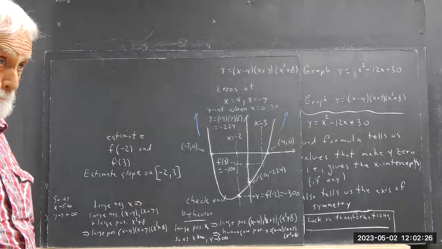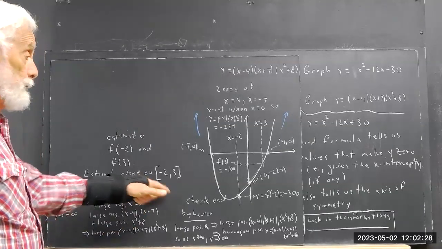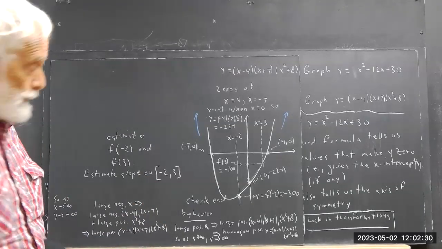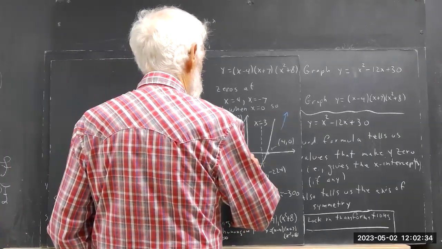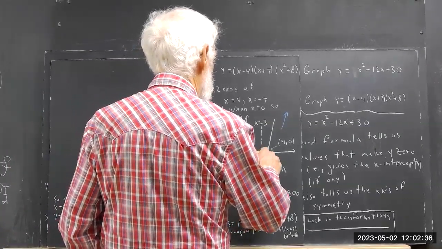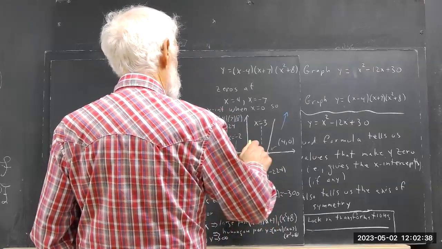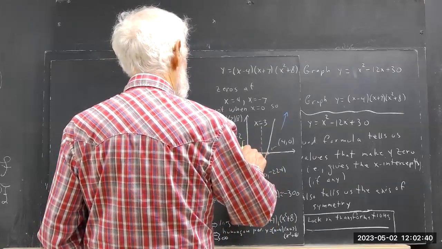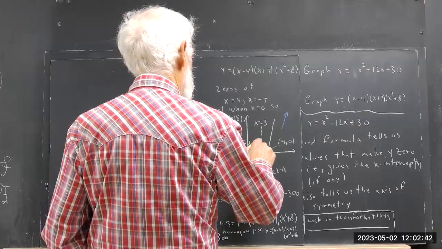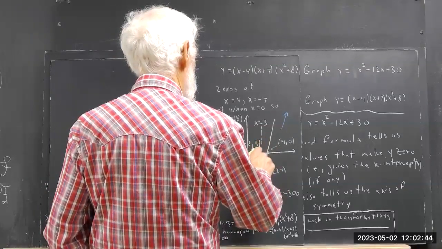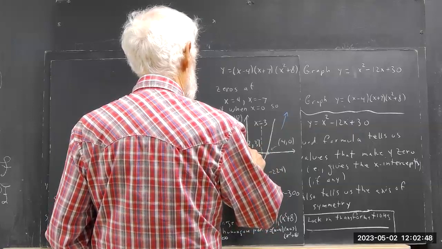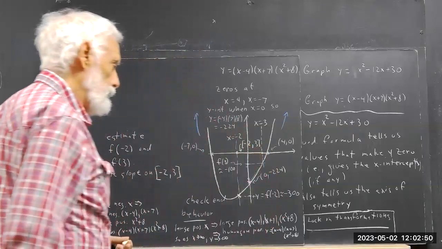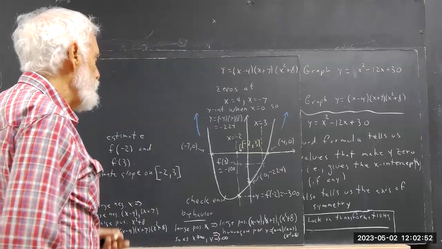So how do you estimate the slope? Well, the interval from negative 2 to 3 is here. Right there's the interval -2, 3.